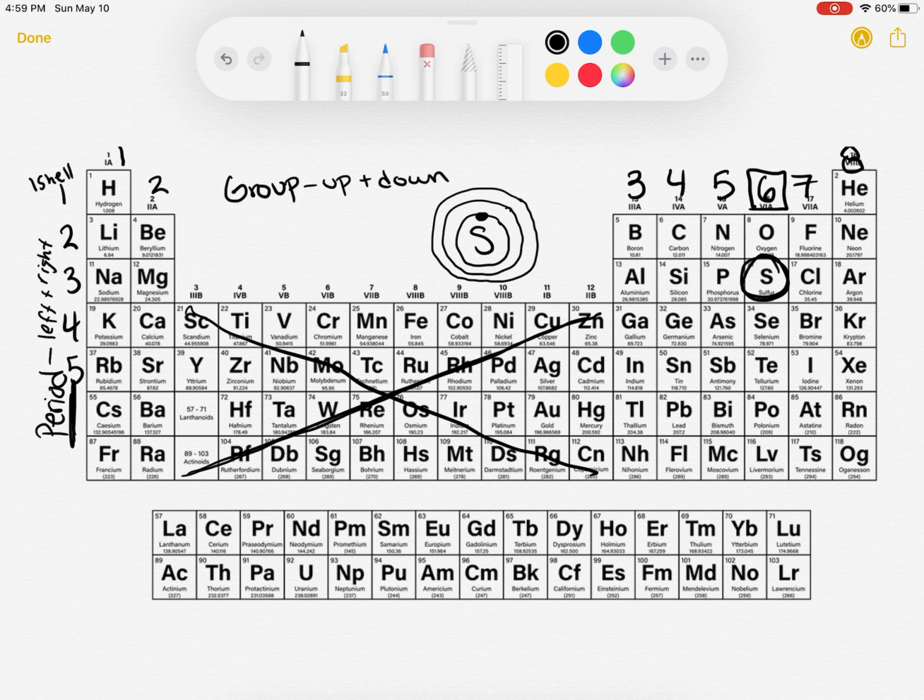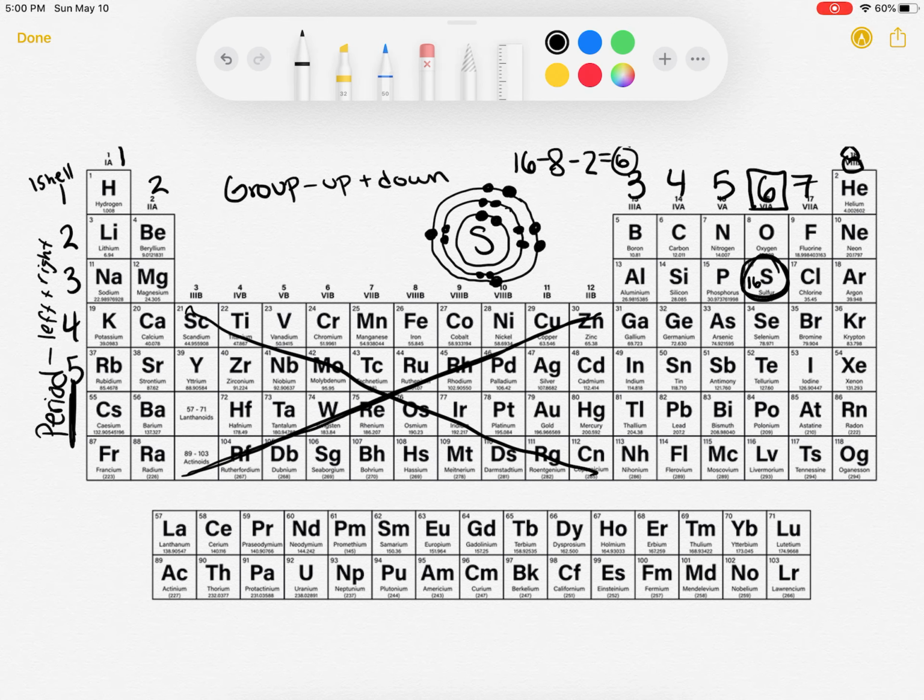In shell 1, we know we have 2, like always. In shell 2, we know we have 8, since it is a full shell. And in shell 3, we have to get to atomic number 16. All right, well, 16 minus 8 minus 2 does equal 6. So it works. So the valence electrons of sulfur is 1, 2, 3, 4, 5, 6. And that will be what sulfur looks like.